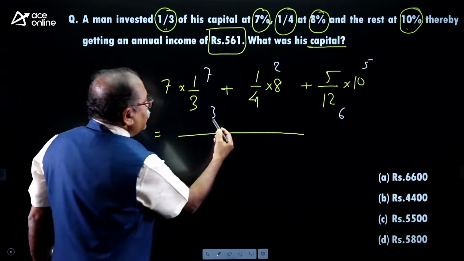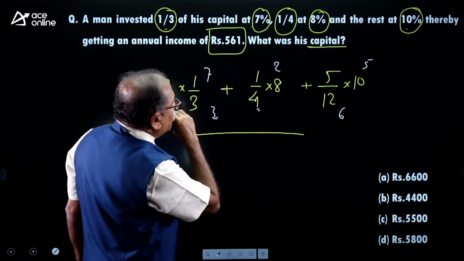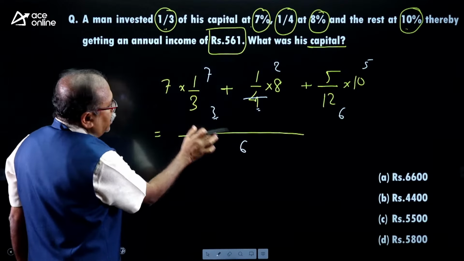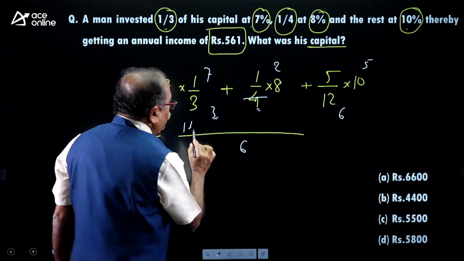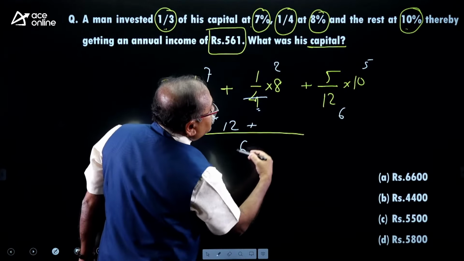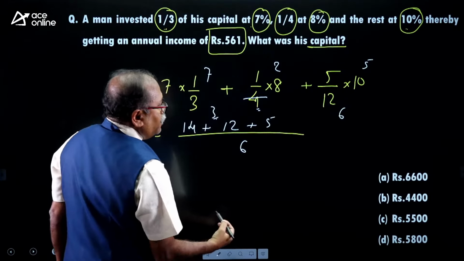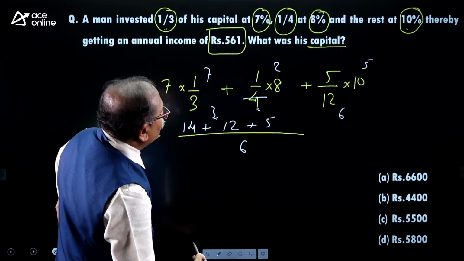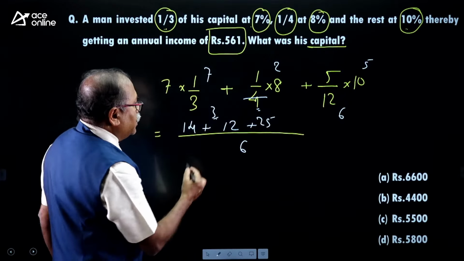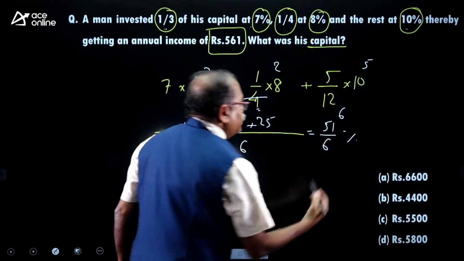So I need to take the LCM of 3, 4 and 6, which is 6. So 2 times 7 is 14, plus 6 twos are 12, plus 6 fives are 5. So it will come 5, and 5 fives are 25. So it is 14 plus 12 plus 25, and the total comes to 51 by 6 percentage.